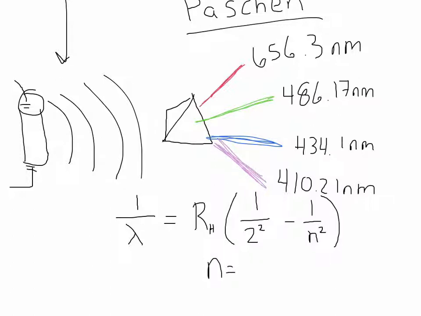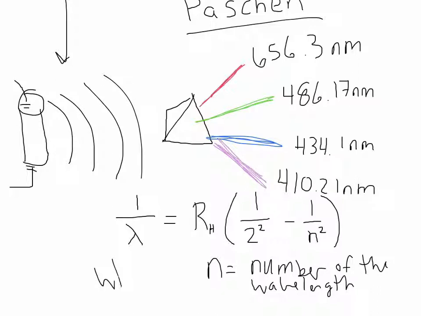So for Balmer's series, n is equal to the number of the wavelength. So the first wavelength, the second wavelength, the third wavelength. So n was a whole number, and it described which wavelength, what order of wavelength, you were talking about.